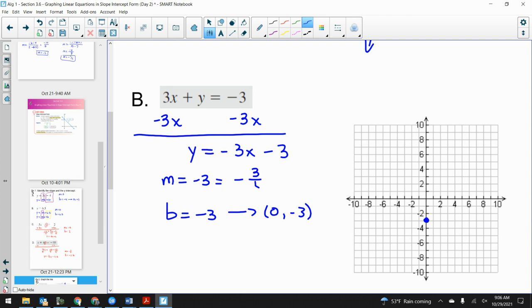Down 3, right 1. Down 3, right 1. I could also go up 3, but I would have to go left 1. Up 3, left 1. And there's my line. Hopefully you hit more points than I do. Questions about that?